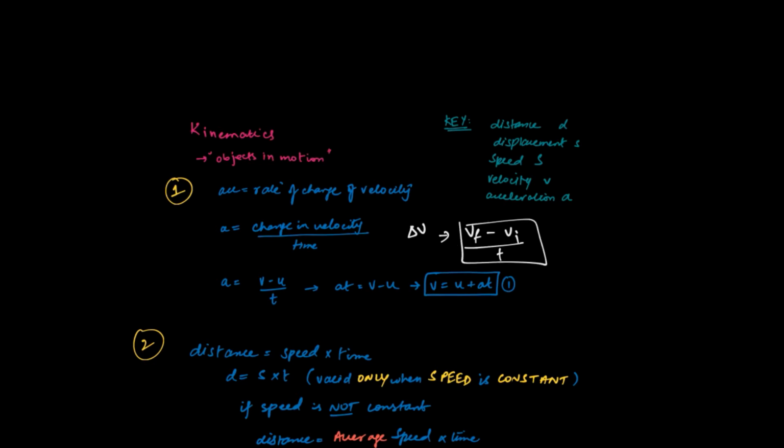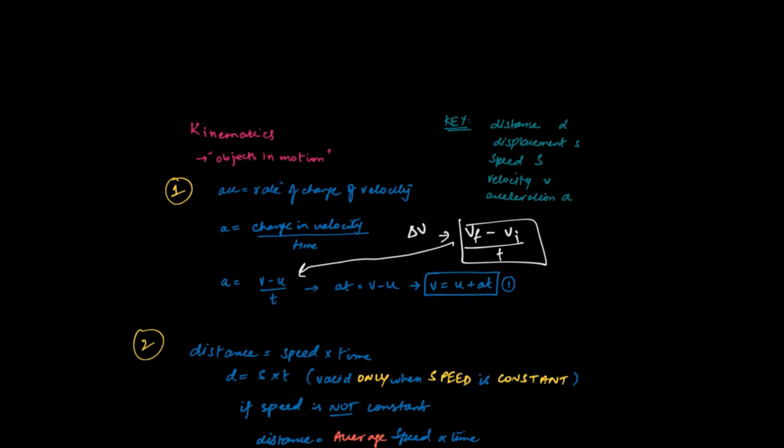So this is represented by this specific formula, where final velocity is represented by the variable v, the initial velocity is represented by the variable u, and the time is represented by the letter t.